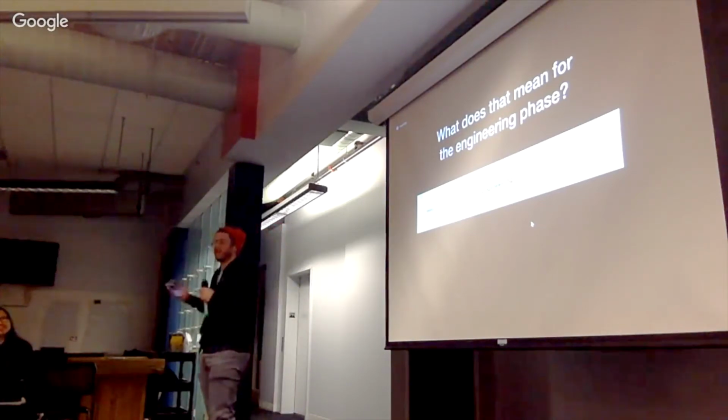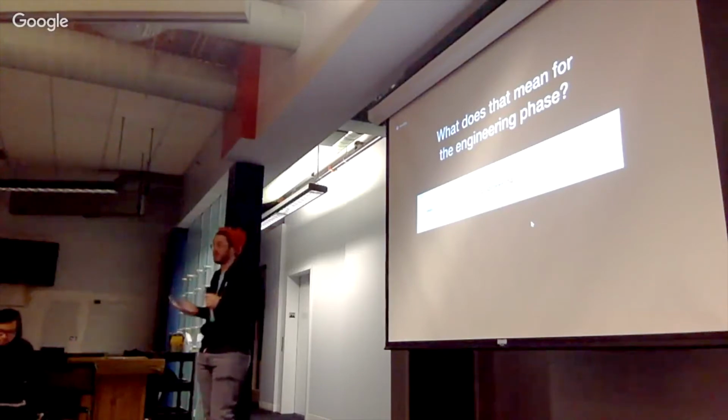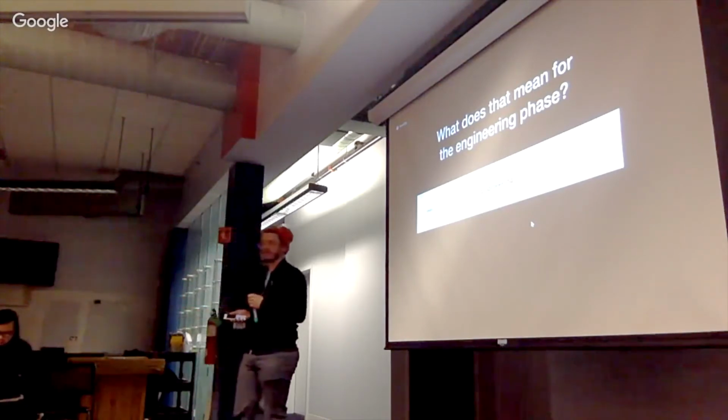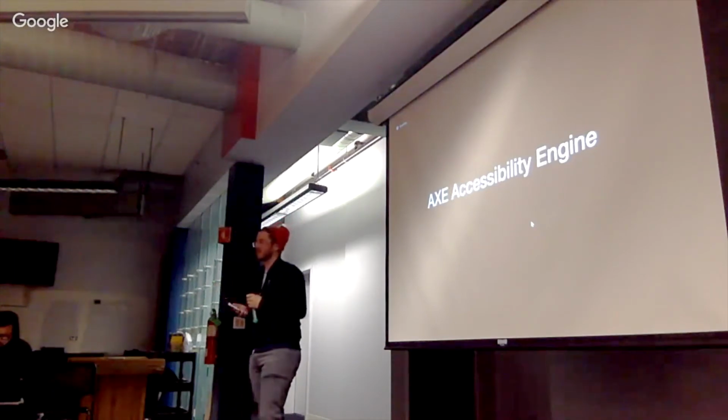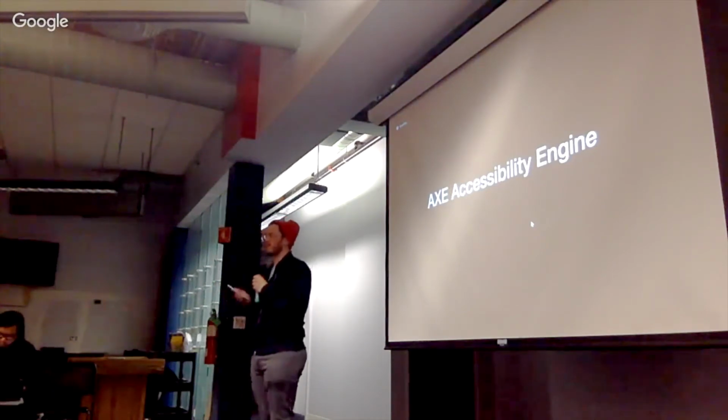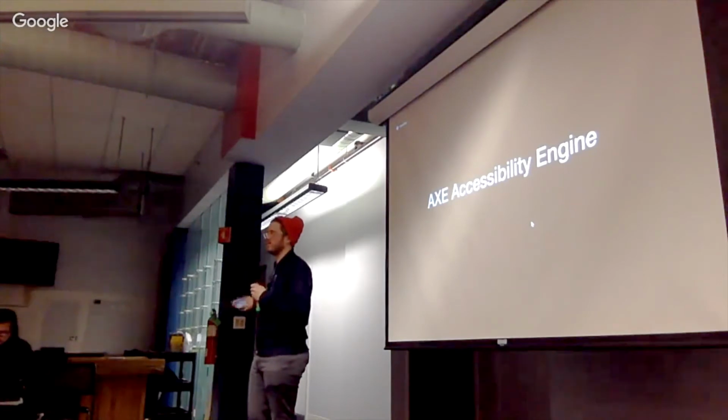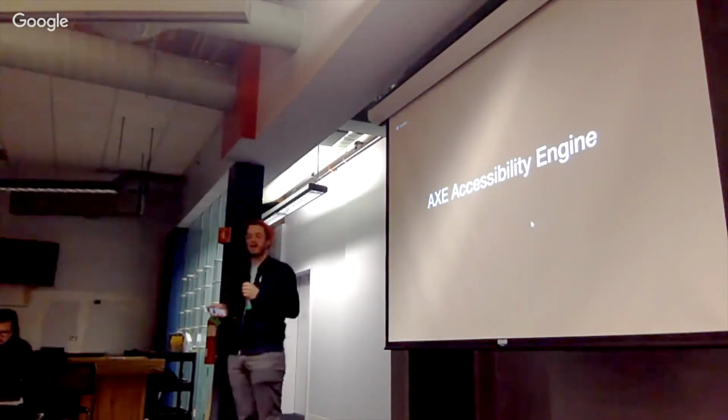So another great thing about engineers is that they love open source. If they figured out how to do something, they're going to share it with somebody else. And so the lovely folks at Deque have done that. If you're not familiar with the Axe Accessibility Engine, it's an open source JavaScript framework maintained by Deque.